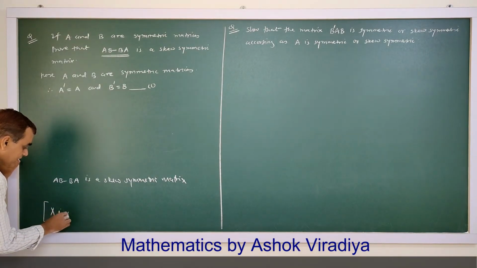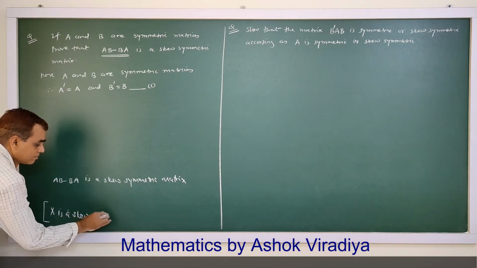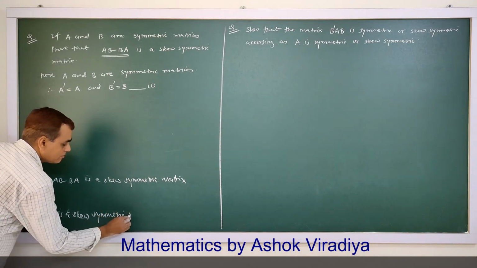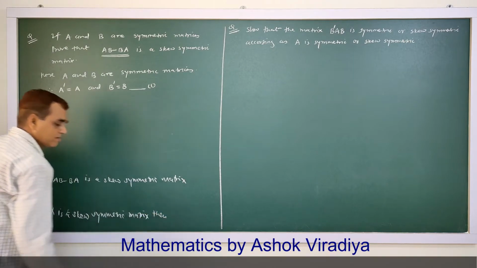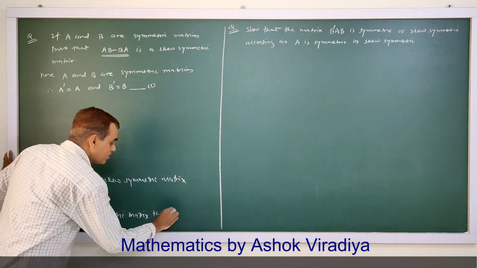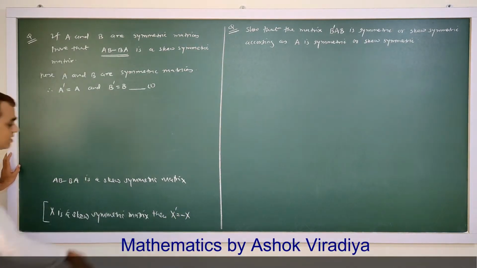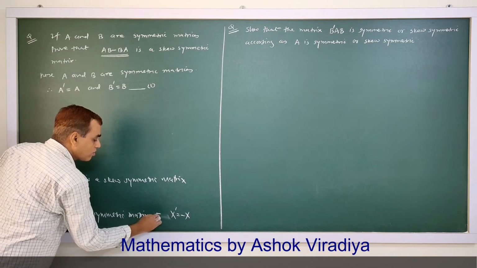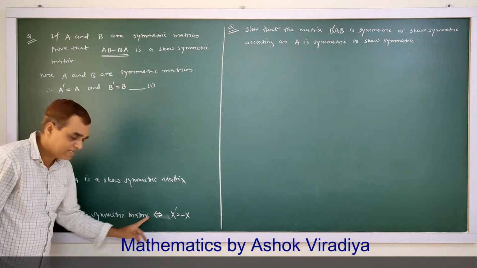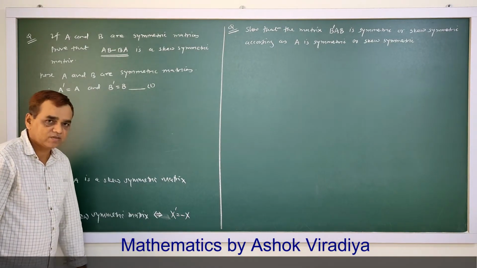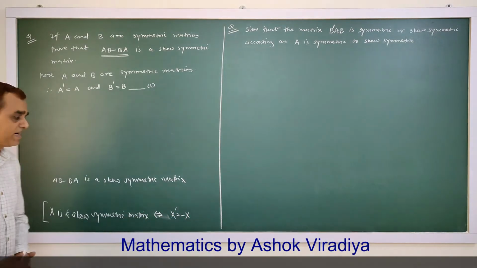If X is a skew symmetric matrix, then its transpose is equal to its additive inverse. This is conversely also true. By definition, if X dash is minus X, then X is a skew symmetric matrix.